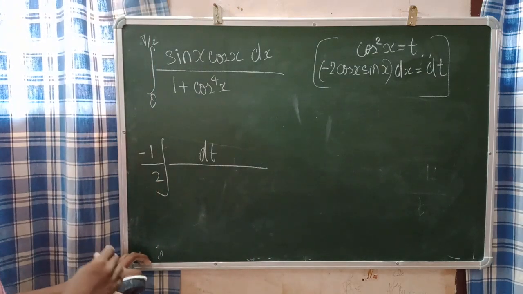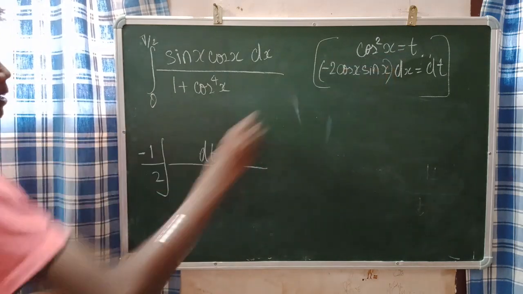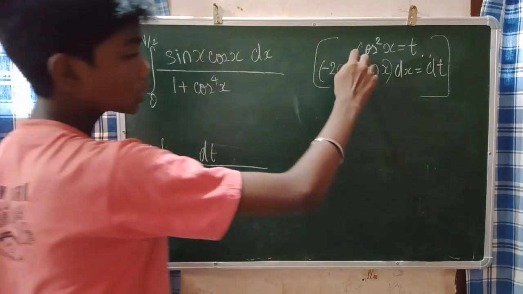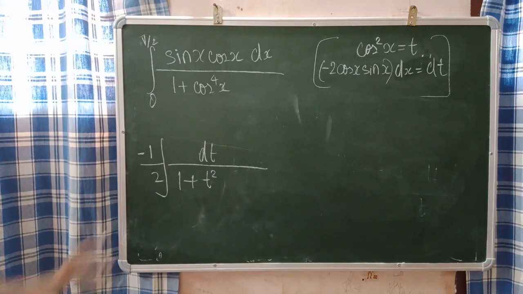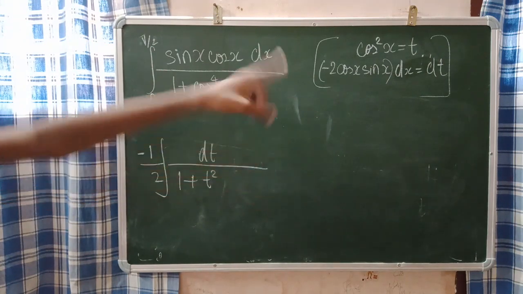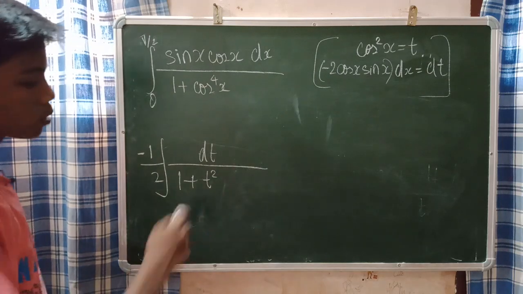What is 1 plus cos power 4x, guys? If cos square x is equal to t, then cos power 4 x will be t square, because cos square x whole square is cos power 4 x. That's why I am writing this 1 plus t square.